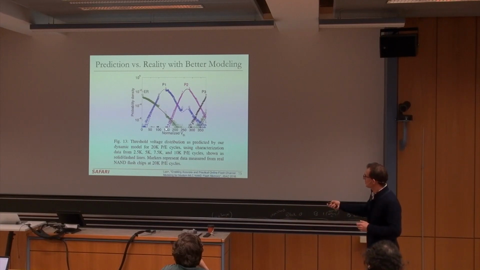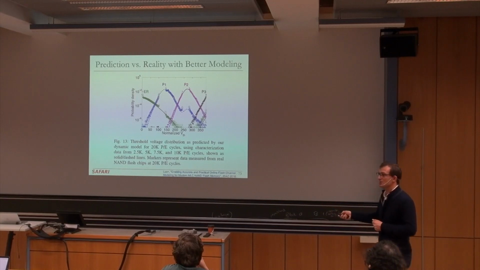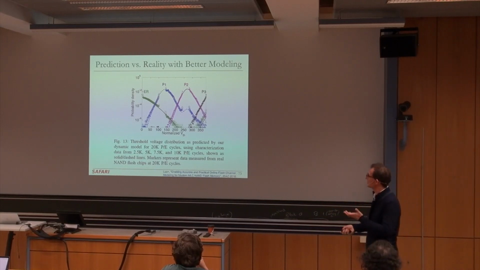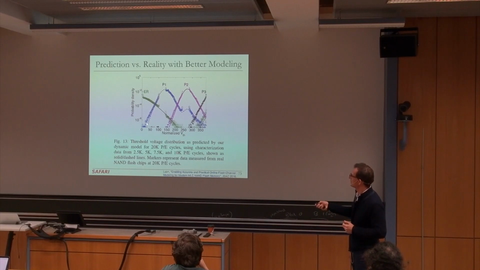And the markers over here are the measured values at 20 kPE cycles. So this is the prediction versus reality. And you can see that it's not terrible. I mean, it's good actually, but there is a shift. These dashed lines are the prediction at 20 kPE cycles without knowing what happens at that time, only with the knowledge of these values. It's like this, and this is the reality.